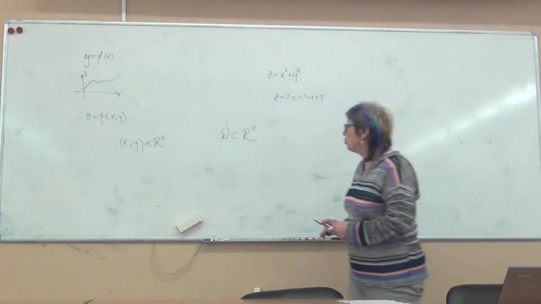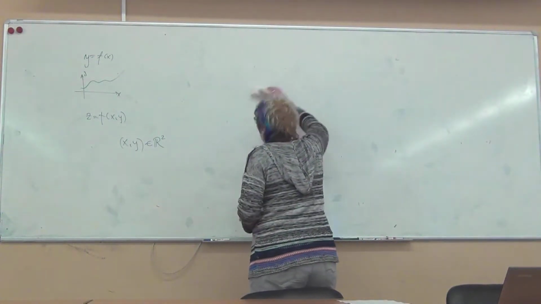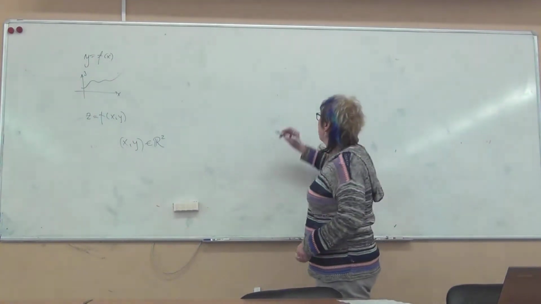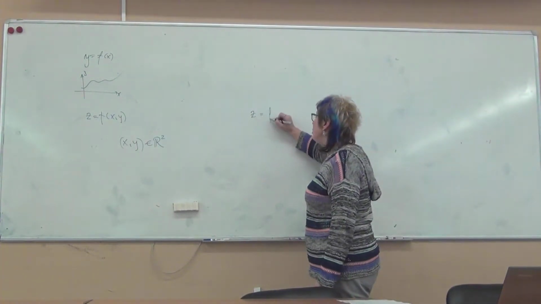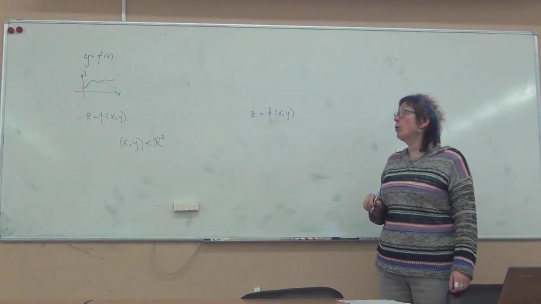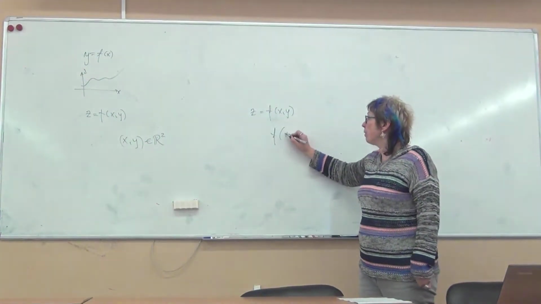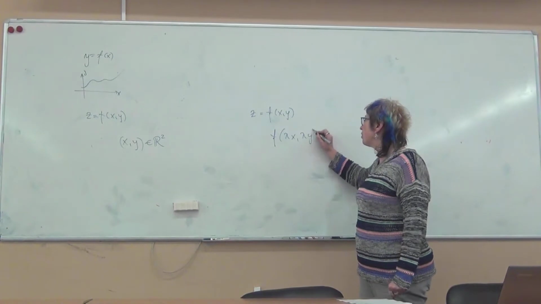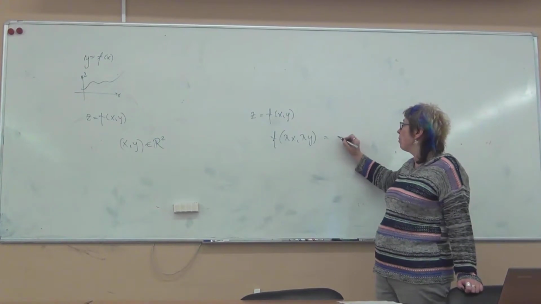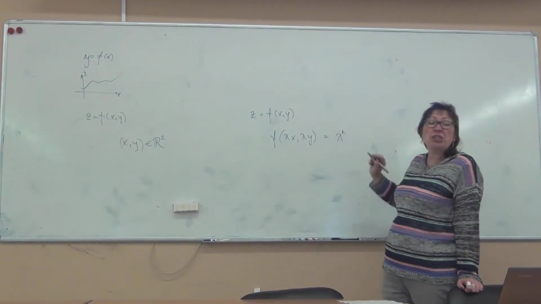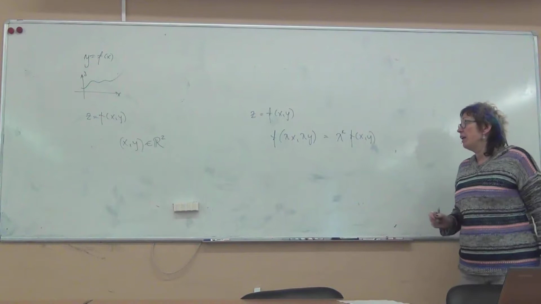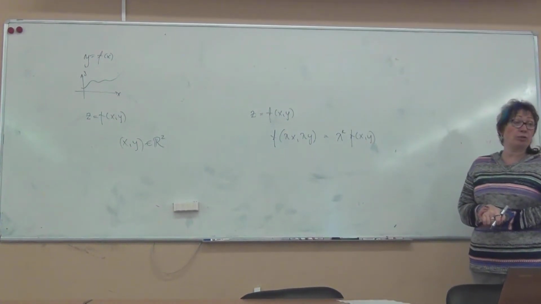If we are talking about the function z equals a function of two variables x and y, the function is called homogeneous if, when I multiply both variables by the same constant, I get z equal to the same constant to some power times the original value of the function. In this case, the function is called homogeneous.